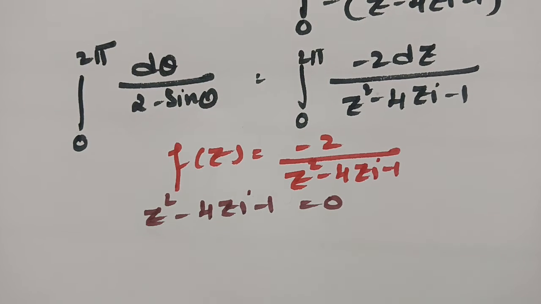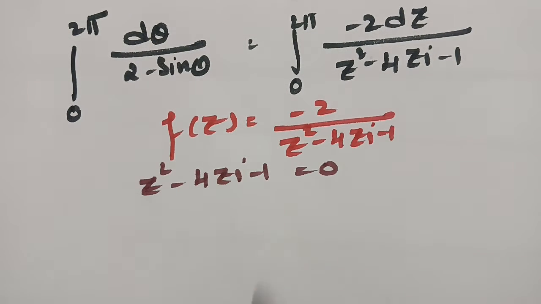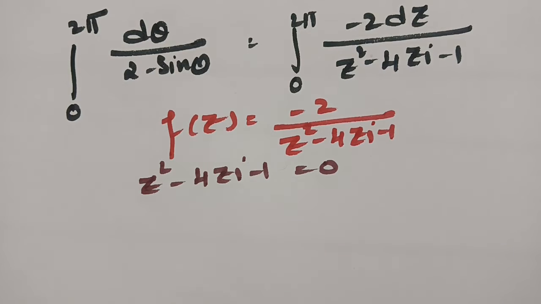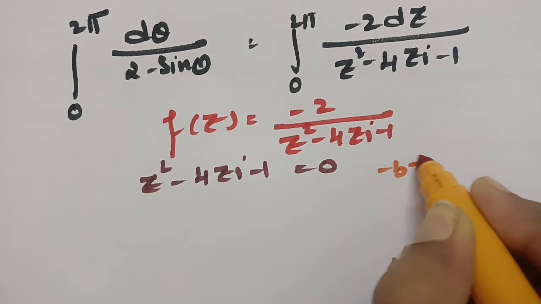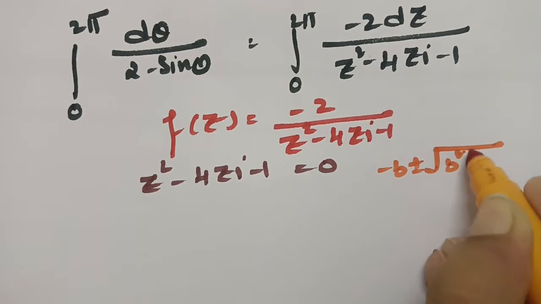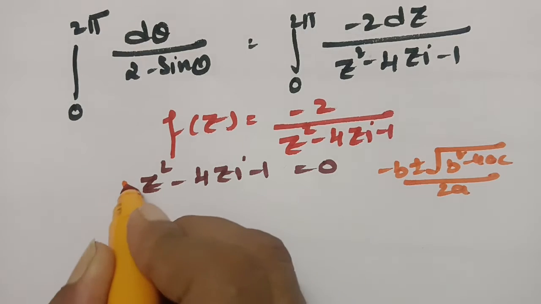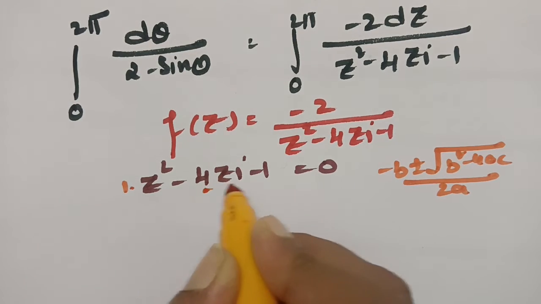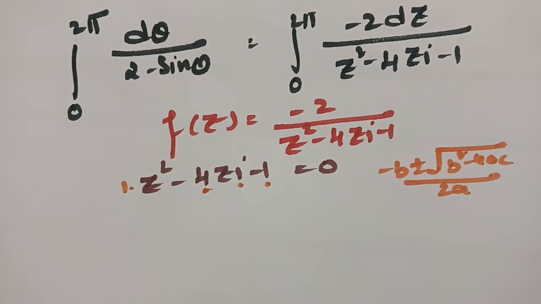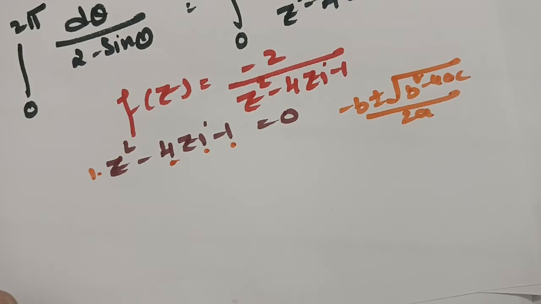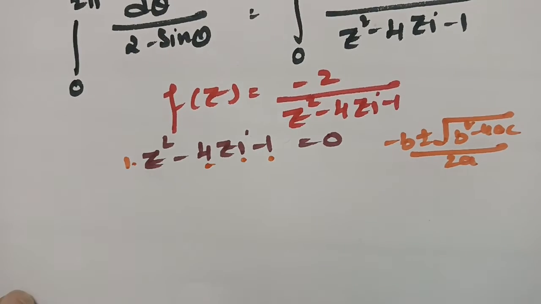So our z value is equal to, I am writing the formula here: minus b plus or minus root over b square minus 4ac by 2a. So this value is a, this value is b, and this is c.